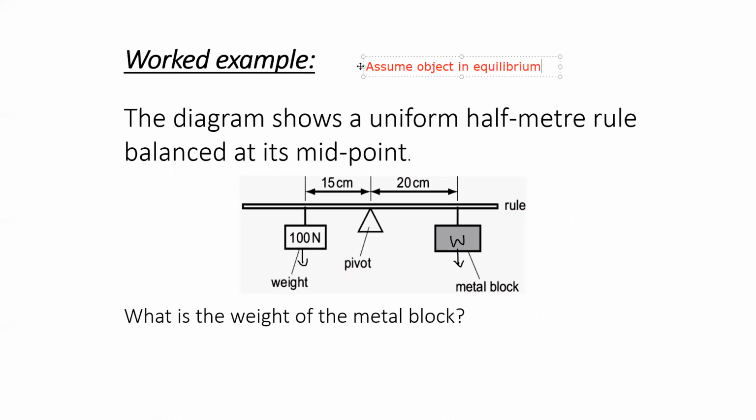And when the object is in equilibrium, anti-clockwise moment is equal to clockwise moment. And number two, no resultant force, or we can say the upward forces are equal to downward forces.